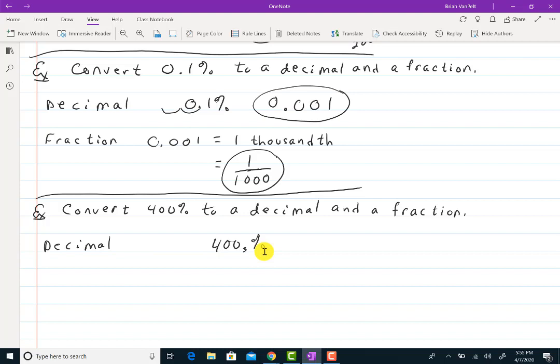And I'm going to move to the left 2 places. So I'm just going to get 4.0. I don't care how many zeros you use, but there's your decimal version of it. Fraction. Well, 4.0 is the same as 4 over 1, or if you want just the number 4. So I don't think that they would give you any grief if you put 4.0 down for the fraction, because it is exactly the right answer.